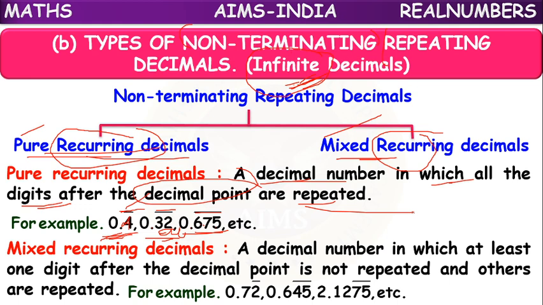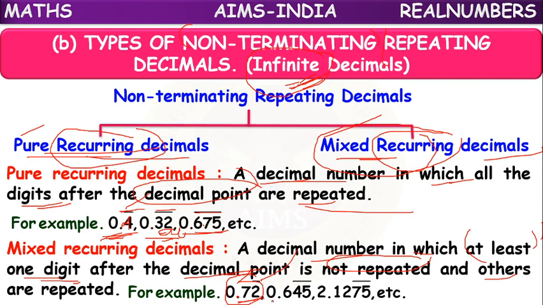In another way, a decimal number in which at least one digit after the decimal point is not repeated and the others are repeated is a mixed recurring decimal, because in such a decimal number, after the decimal point some are not repeating and some are repeating. The decimal number has a combination of both. So that's why it is an example of a mixed recurring decimal.